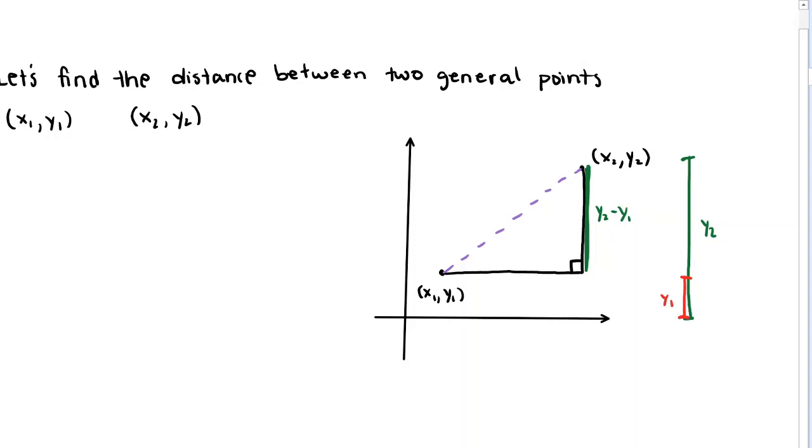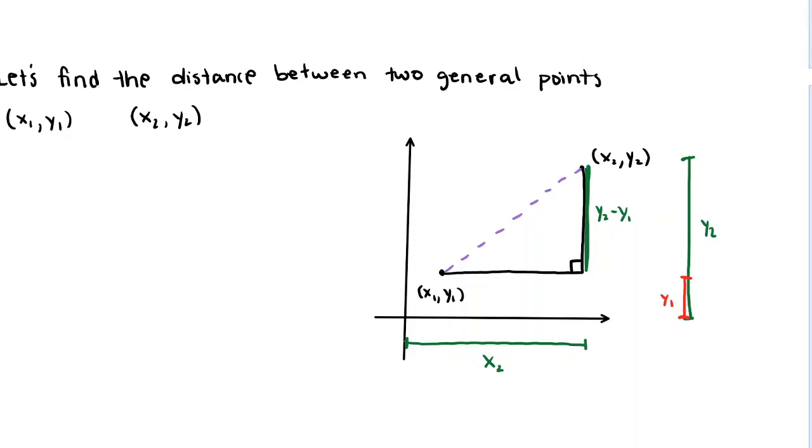And so the length of that vertical line segment, the side length of the triangle, is the difference, y2 take away y1. That's that length there. And then we can do the same thing for the x values. So here, the value x2 is this measurement here, from the y-axis to that x position, x2.